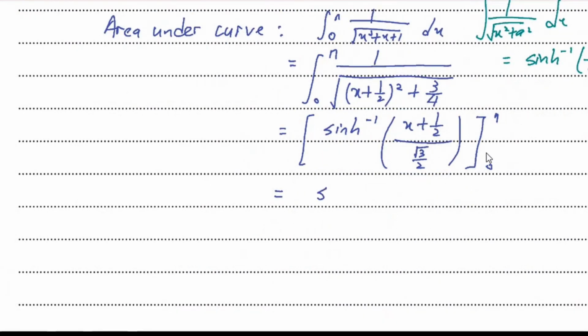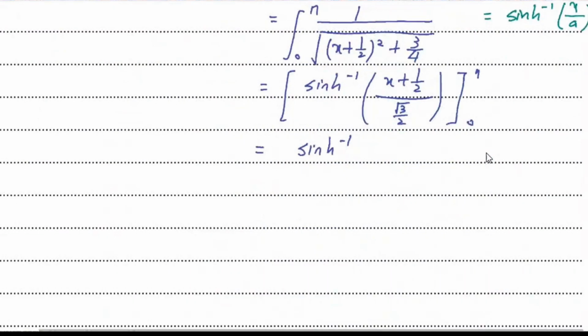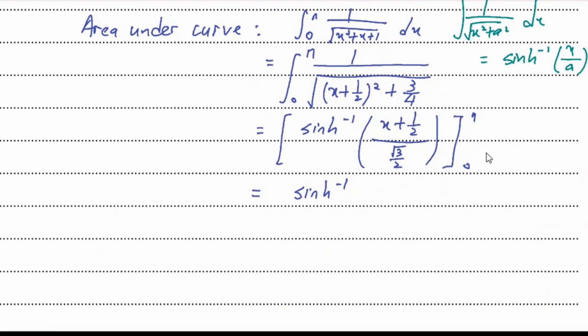So tidy up a little bit first for the arcsinh. Inside there is a bit ugly. So okay, let's see what form they want. Okay, they have something like that there. So if we try to evaluate this a little bit, for the x plus half over root 3 over 2 there, we can multiply instead by 2 over root 3. Still, 2 over root 3 is not a nice value because we have the denominator at the bottom here, so we rationalize it.